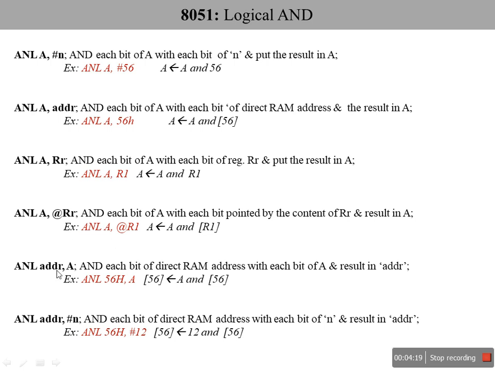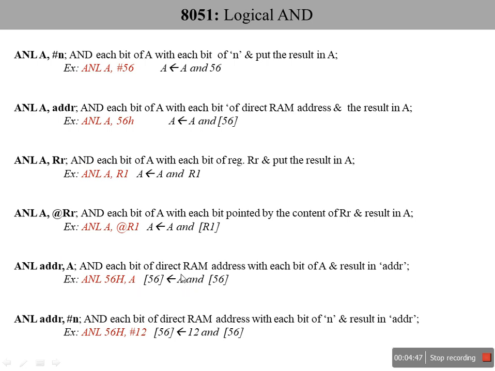Similarly, here is a direct way of accessing the operand, ANL address comma accumulator. Here the content of the memory location which is pointed by this given address will be bit by bit ANDed with the content of accumulator, but here the result will be in the address. For example, ANL 56H comma accumulator.